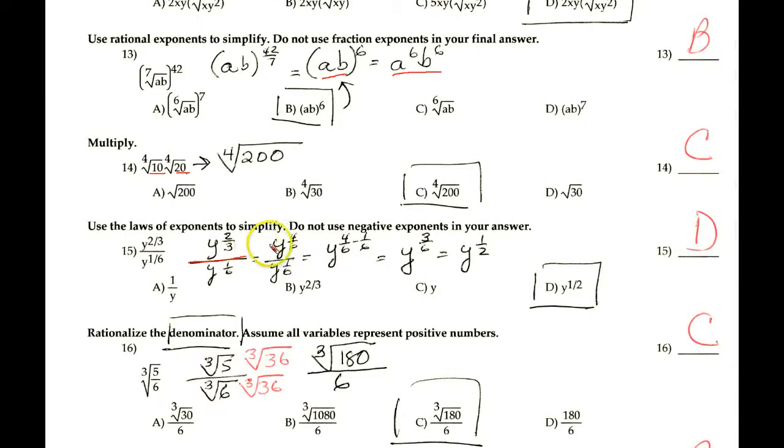So 2/3, I'm changing to 4/6. 1/6 is already there. I'm now going to move that 1/6 up. When it crosses that division bar, its sign changes, and it becomes a negative 1/6.